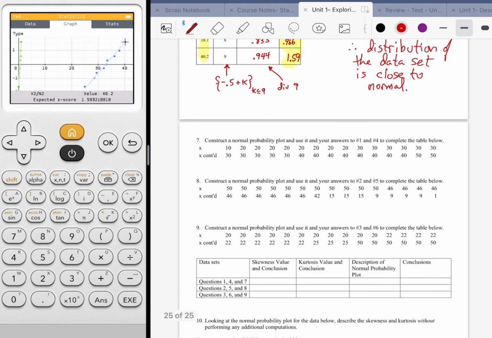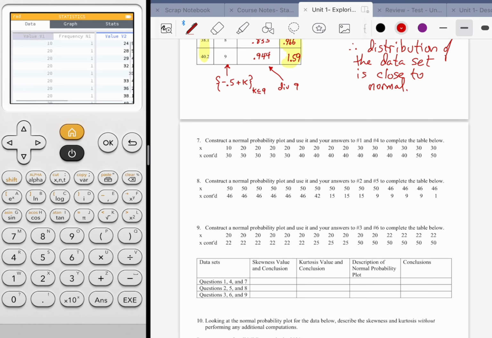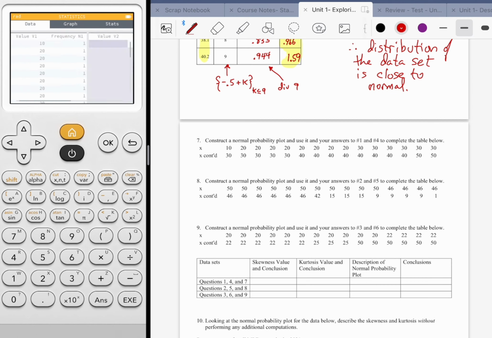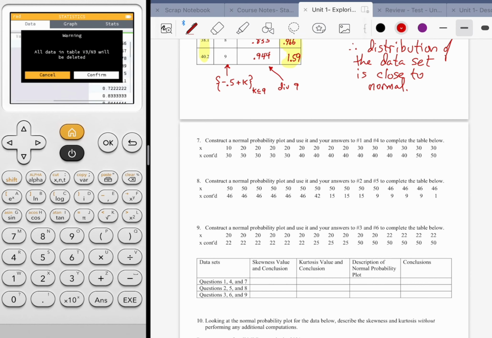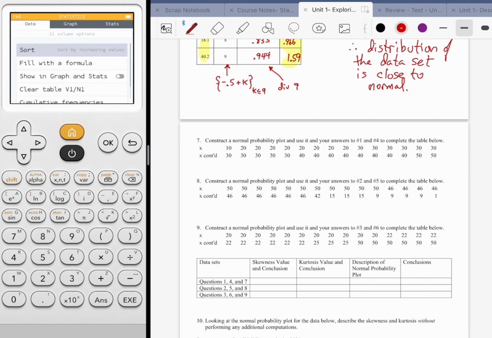If we go back to the original data set, we can now apply the normal probability technique. Let me just wipe this stuff out now. I'm going to turn this one back on, show in graphs and stats, graph and stats.